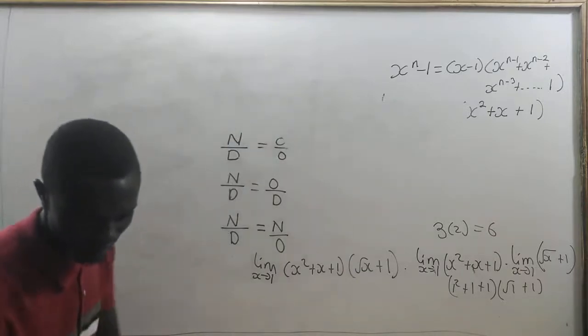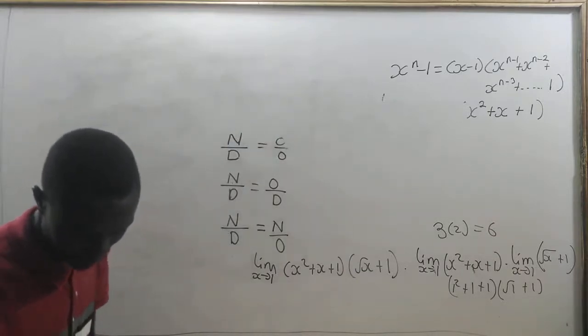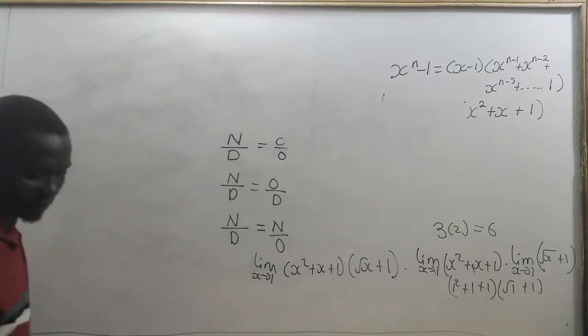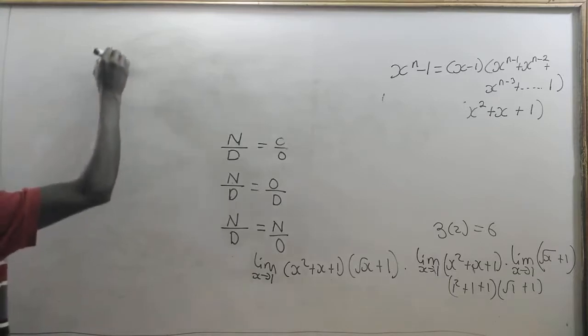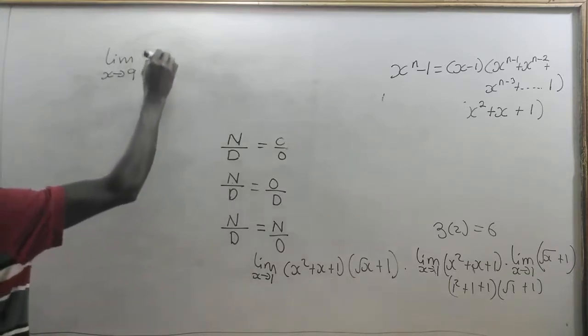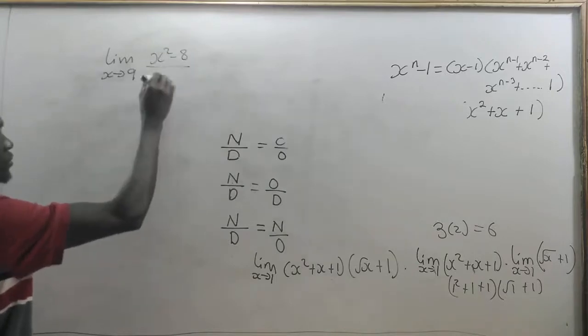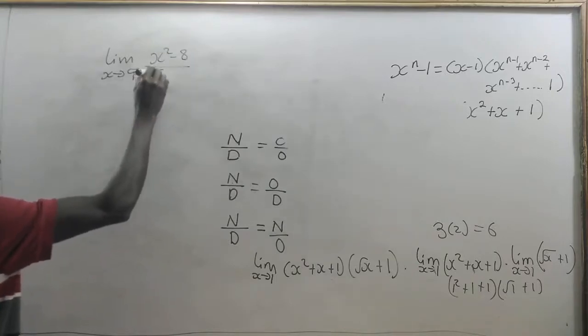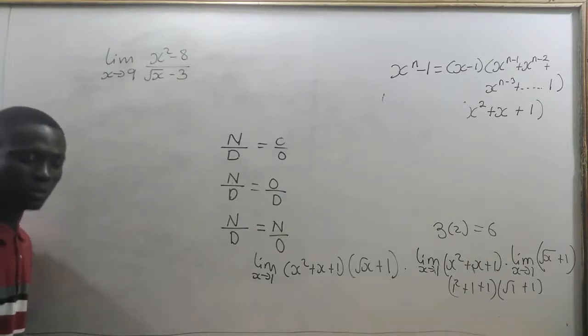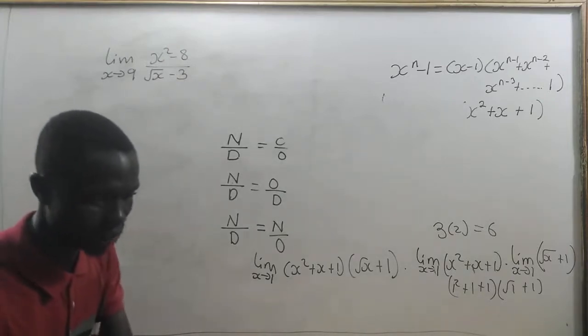Okay, let's look at this example. Here we are going to take this one. We have the limit as x approaches 9 of x squared minus 8 divided by the square root of x minus 3. How do we solve this one?